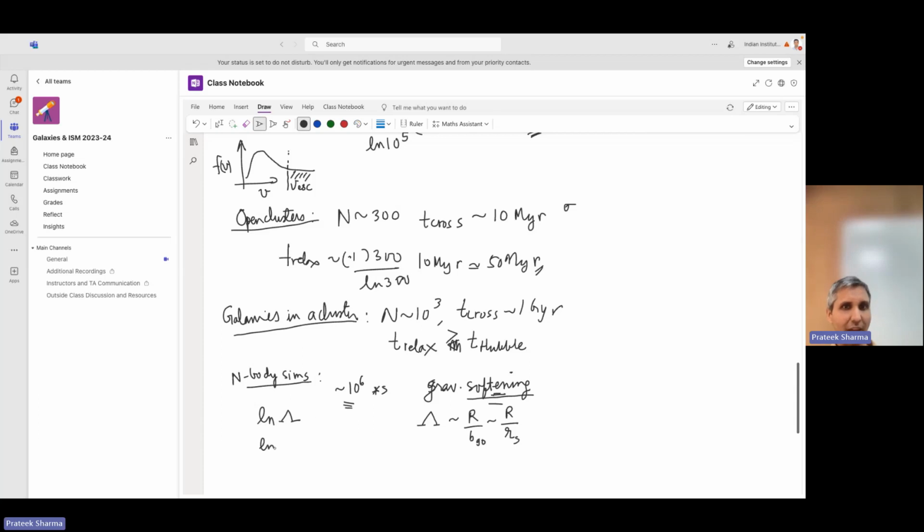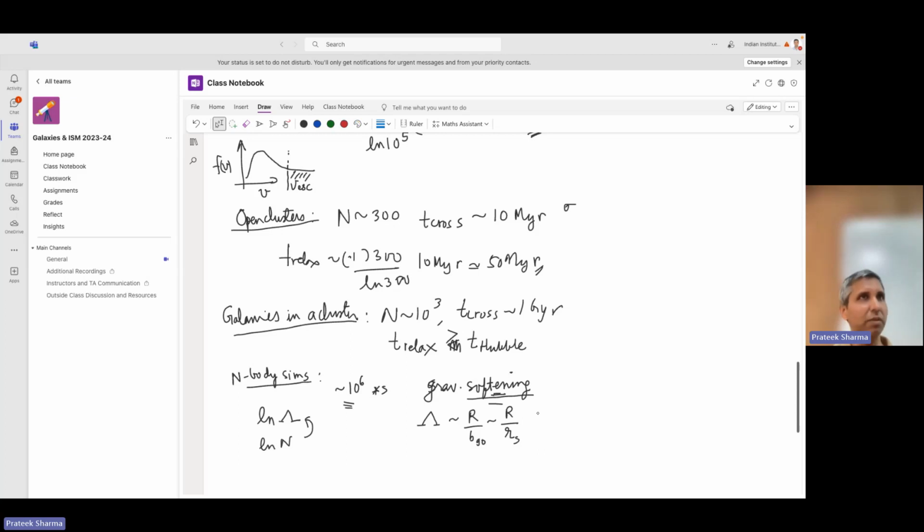Normally it's log n, but if you make your softening length rs bigger, this can be reduced by some factor. We will actually deal with these in the form of softened profiles and so on. We'll come to that.